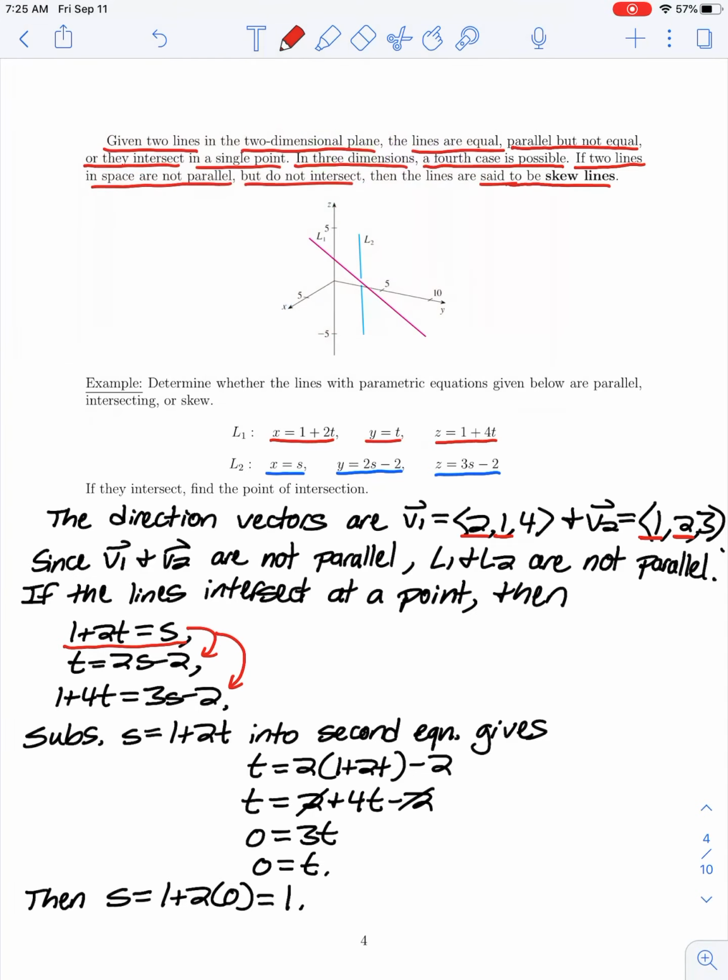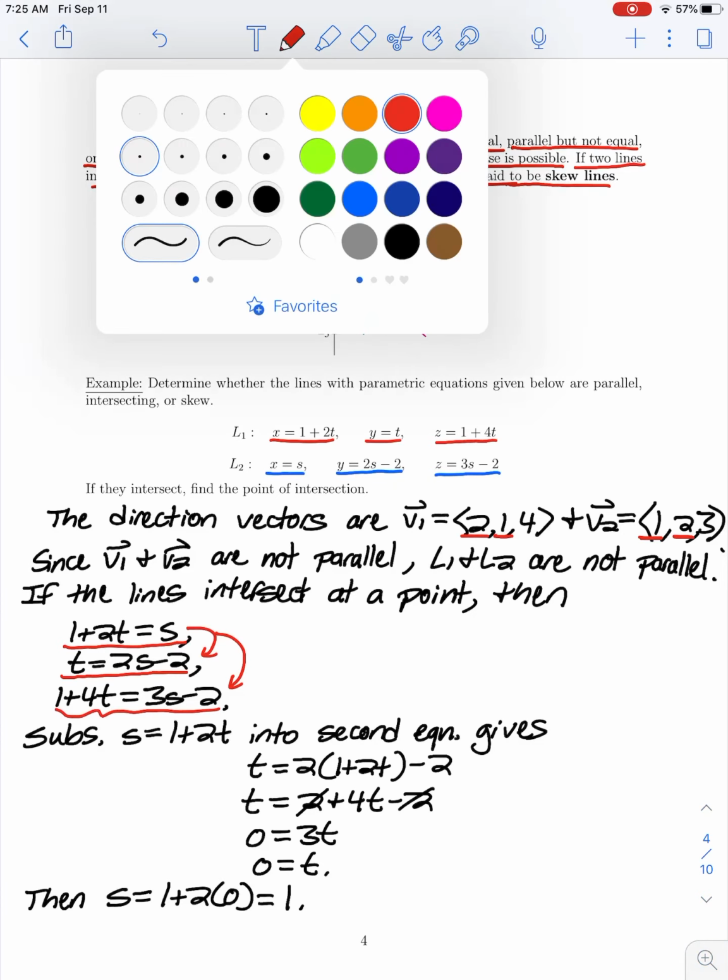So if t is 0 and s is 1, we've satisfied our first two equations, but we need to make sure that the third equation is also satisfied.